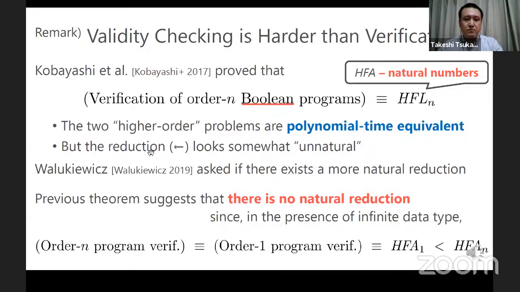But we prove that it is not the case in the presence of natural numbers as an atomic type. His observation is for programs with only Boolean types, and our result is for programs with integers. This difference of atomic types makes the situation very different. So I think this can be an interesting observation.